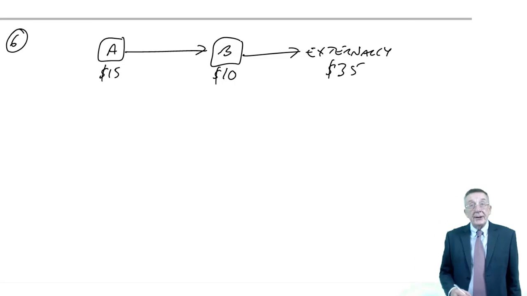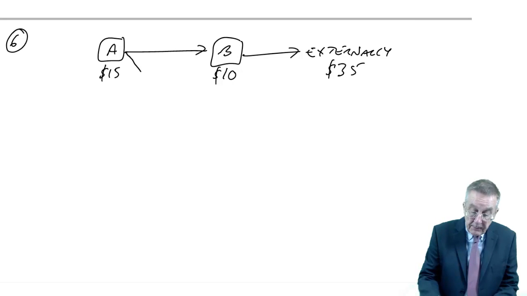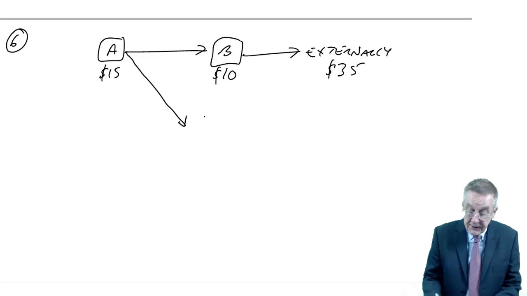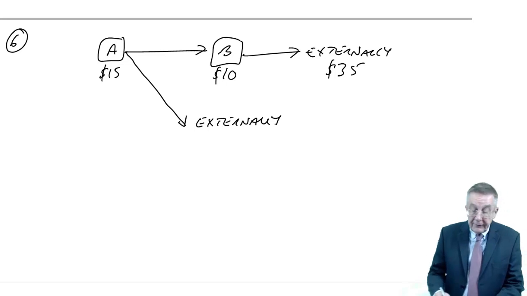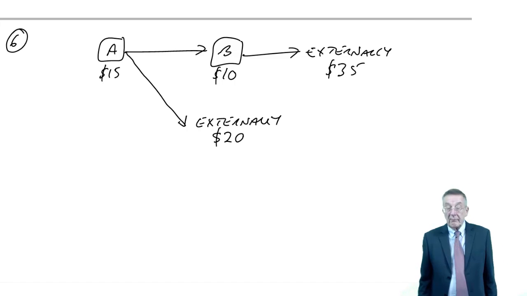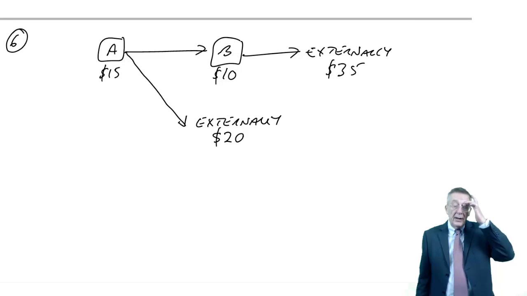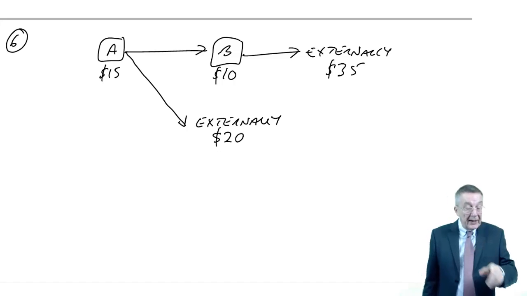Again, A can sell in the intermediate market. They can sell the part finished goods externally because they're part finished. They can only sell them at 20. So exactly the same as the previous question, except the next sentence.